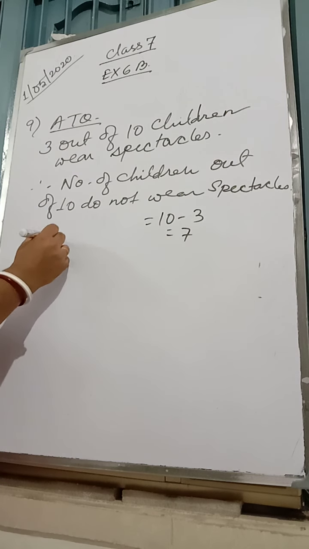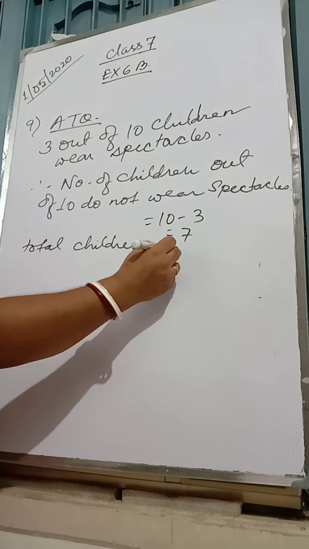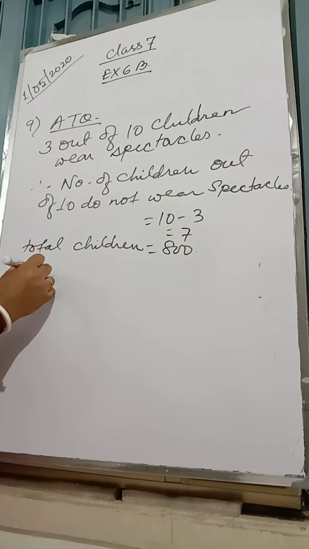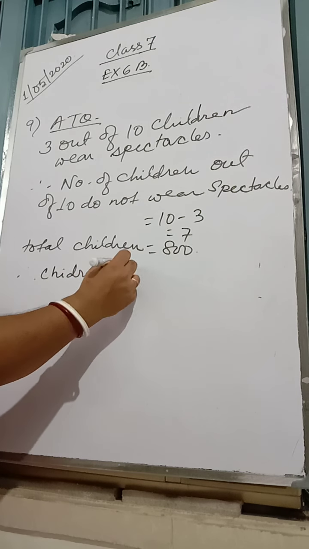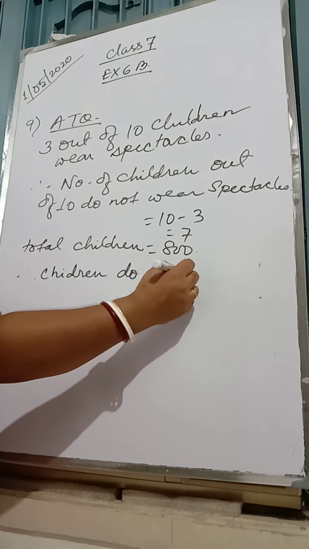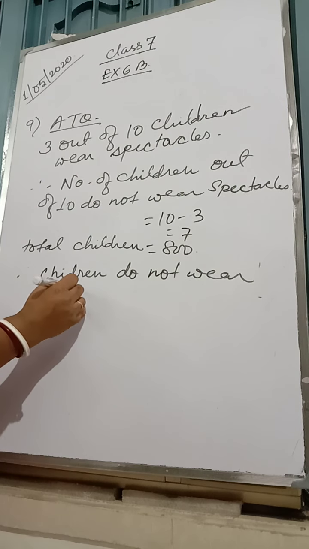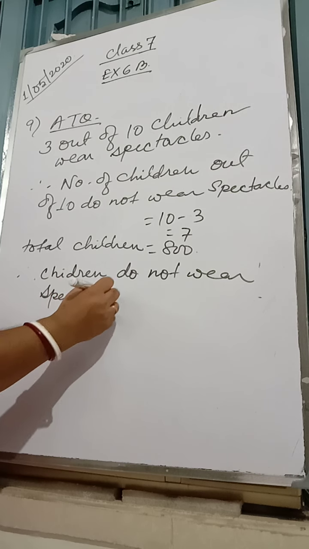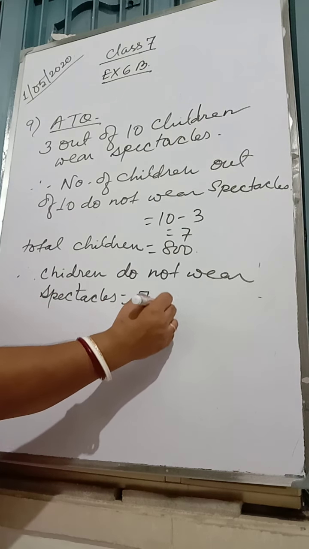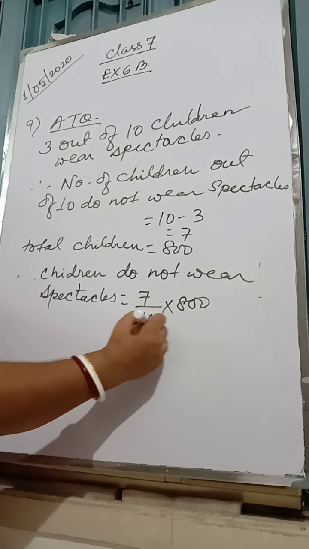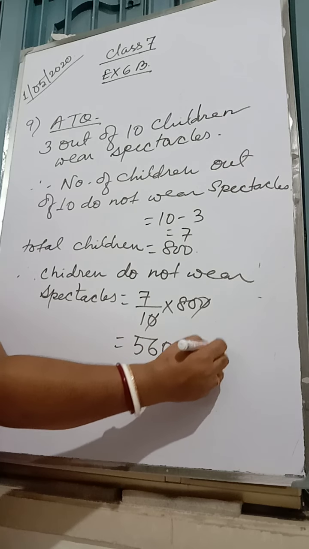Total children is given as 800. So children who do not wear spectacles is equal to 7 by 10 into 800, 560 children do not wear spectacles.